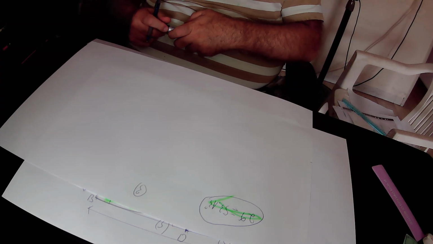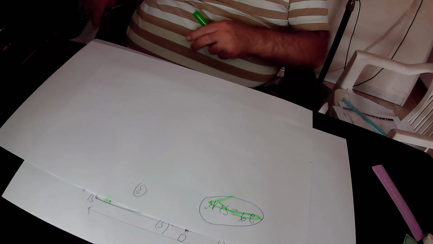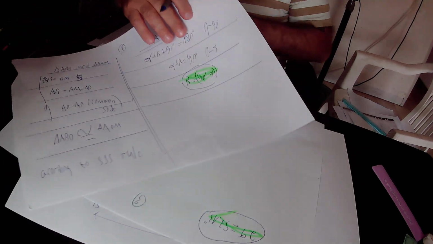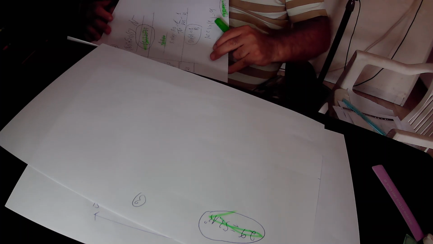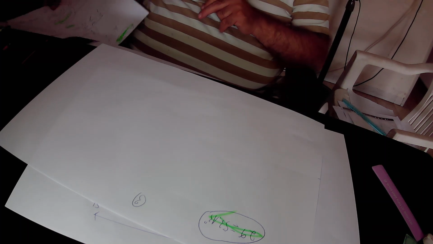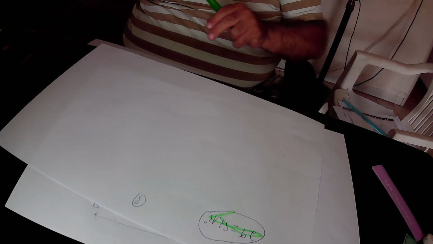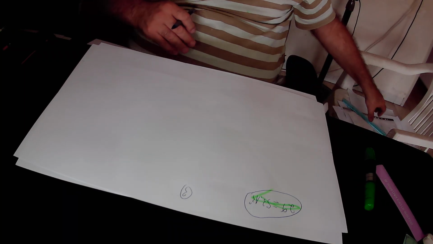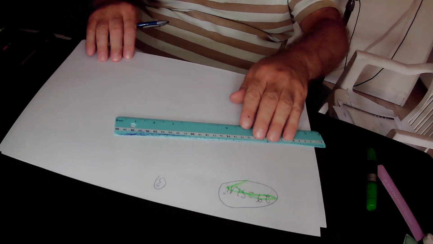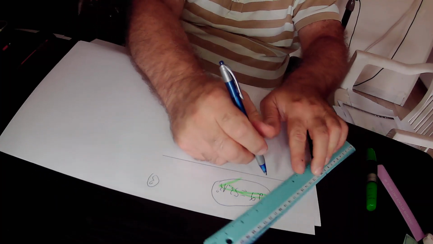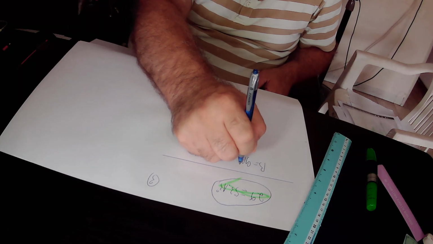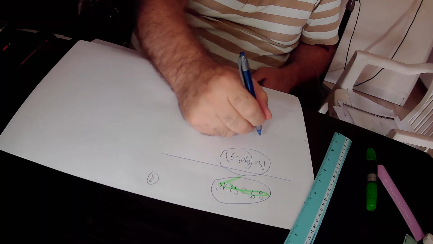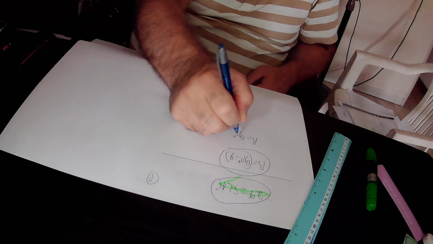We already found that beta equals 90 degrees minus alpha. So beta equals 90 degrees minus alpha.